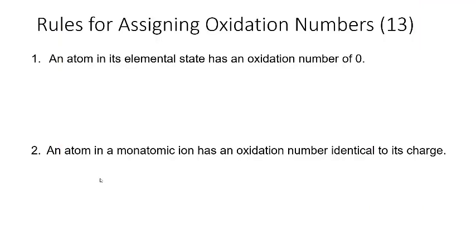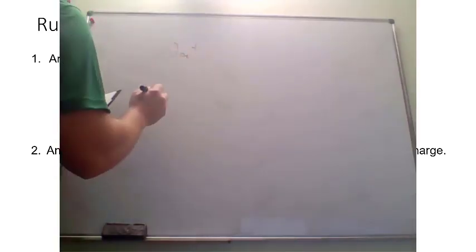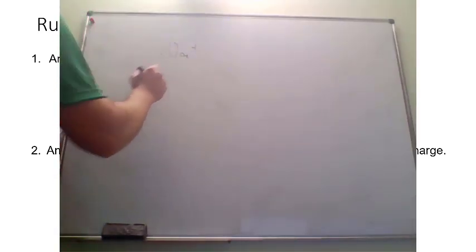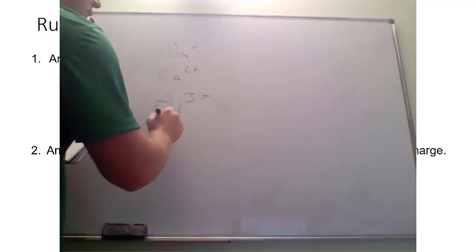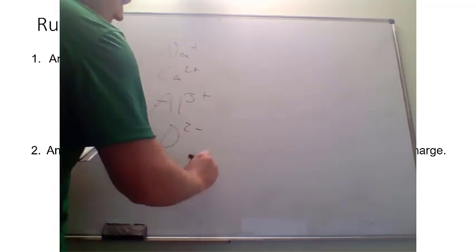Number 2, an atom in a monatomic ion has the oxidation number identical to its overall charge. So if we take a look at, for example, the sodium ion, Na+, or the calcium 2+ ion, or aluminum 3+, O2-, Cl-.